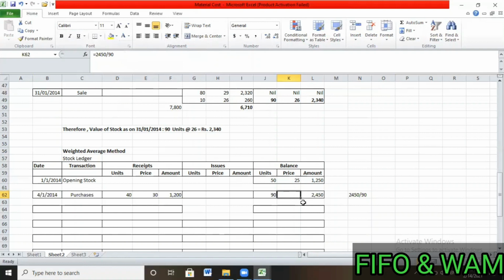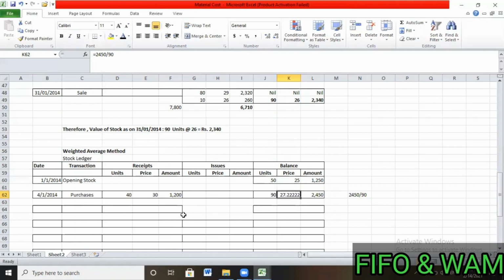You will get this pricing with the help of the formula: total amount divided by total units. 2450 divided by 90, you will get 27.222222222.